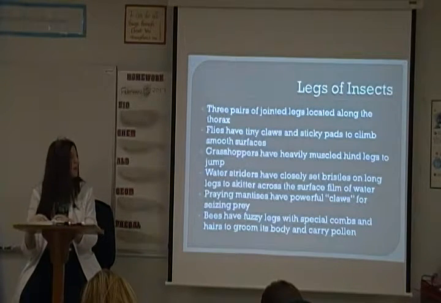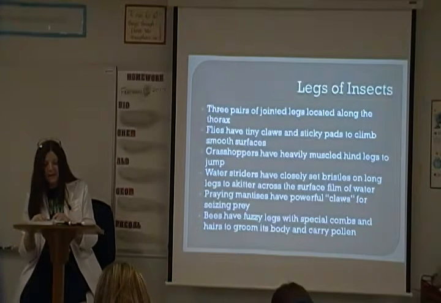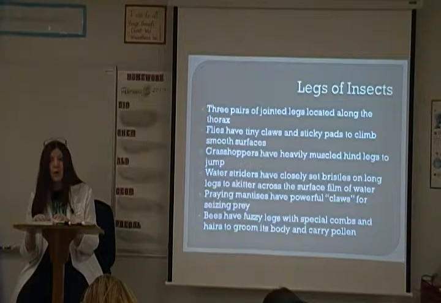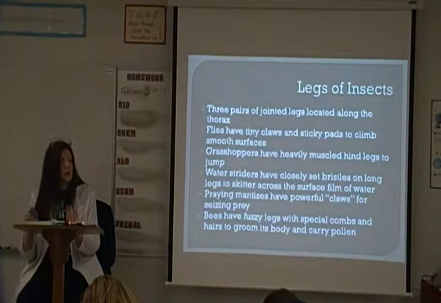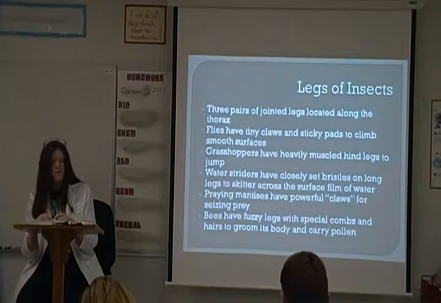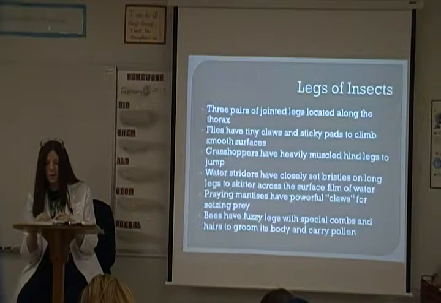And then bees also have a special kind of legs. They have fuzzy legs. And these fuzzy legs enable them to groom their body, and also this is how they carry pollen. They pick up the pollen and they bring it to another flower. So those fuzzy legs help with that.